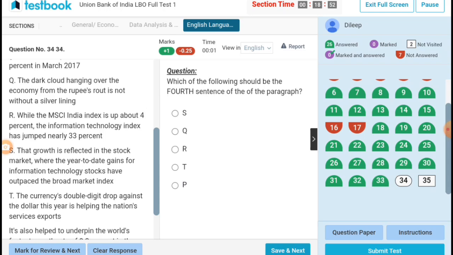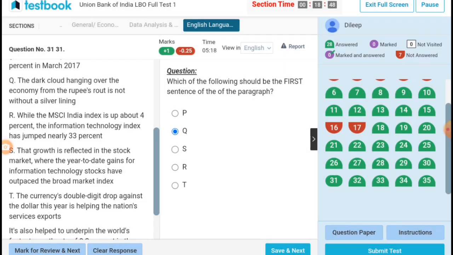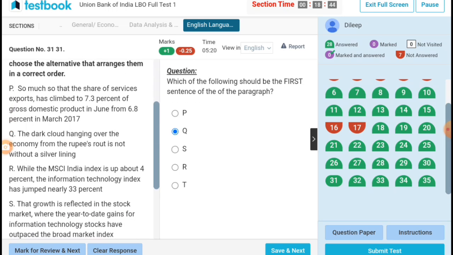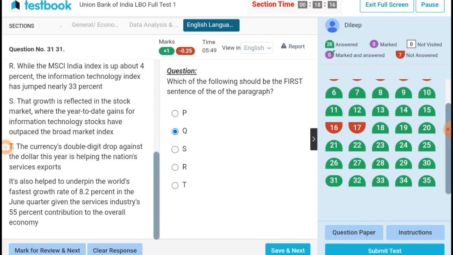US or TP. I have doubt on this. The dark cloud hanging over the economy from the rupee's note is not without a silver lining. That growth is reflected in the stock market, where the year-to-date gains for information technology stocks have outpaced the broad market index. While the MSCI India index is up about 4%, the information technology index has jumped nearly 33%.